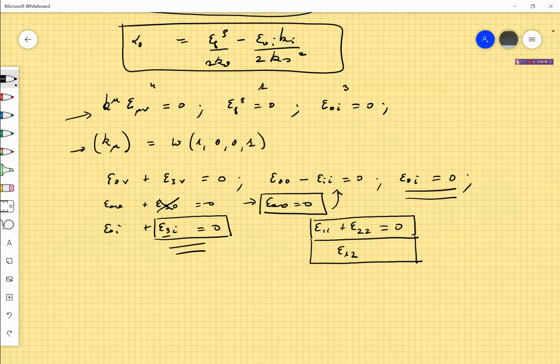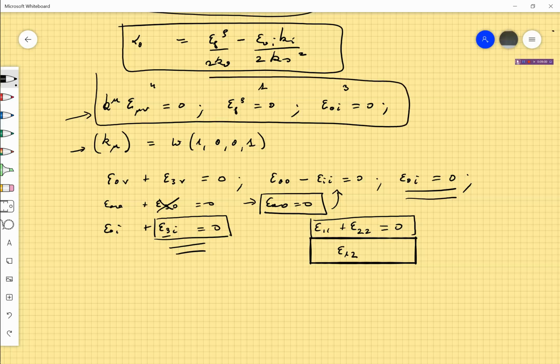Okay, so there are three non-vanishing components at most, which are the ones that are allowed by all these conditions. They are ε^{11}, ε^{22}, and ε^{12}. But ε^{11} and ε^{22} are not independent, they are related by this condition.